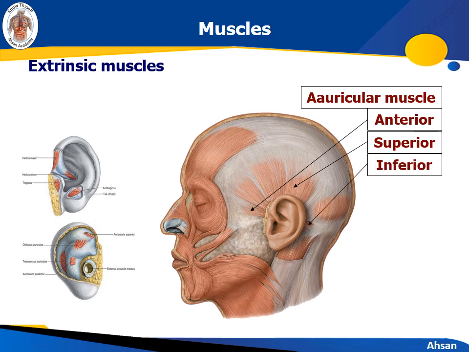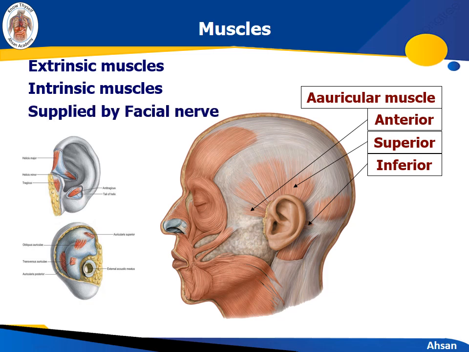These are voluntary muscles, and we can use them to move the auricle. Intrinsic muscles lie within the auricle area, and these are the small muscles shown in the figure below. All the muscles are supplied by the facial nerve.